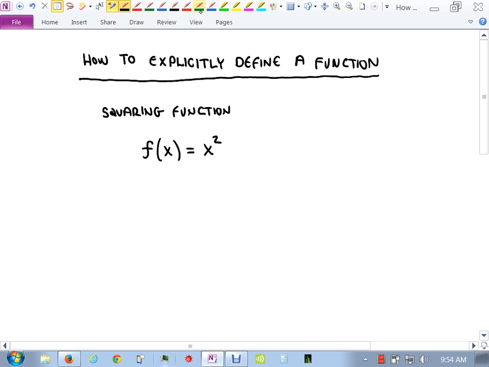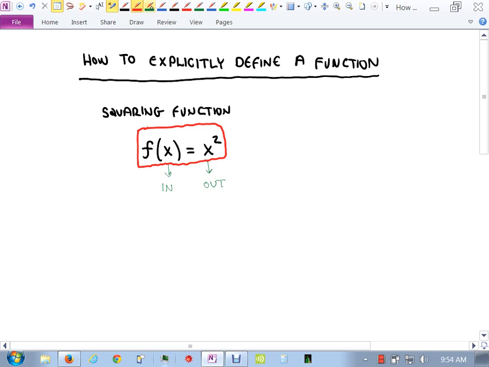So look at how this works. Your input, right? I'm just going to say in, right? Your in is the X, and what should come out? The X squared. Whatever you plug in, square it. Make sense? And we can do every function that way. We can define it explicitly. So this is the explicit definition of the squaring function.